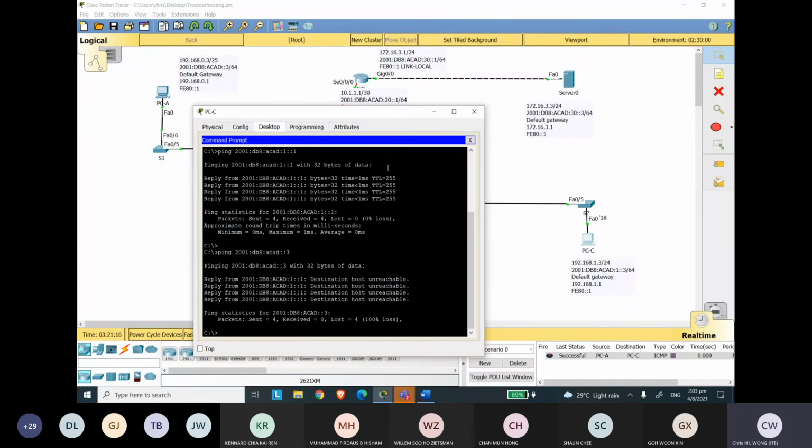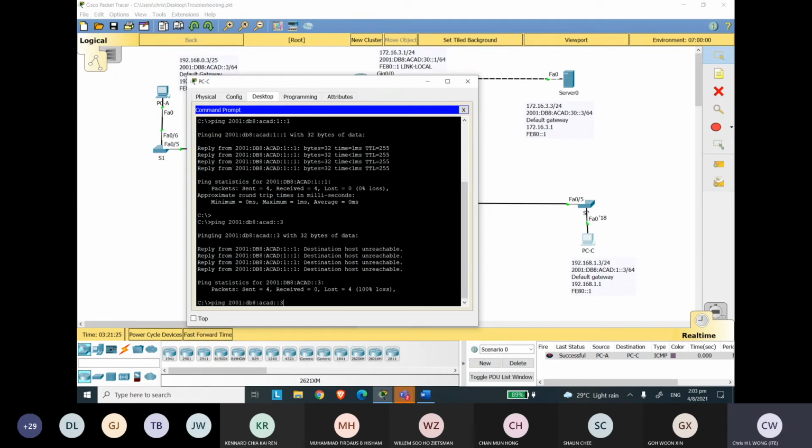Okay, then you put no for PCC to PCA. Now I want you to ping from PCC to the web server. Web server is 33, right? So I'll just change to 30:3.